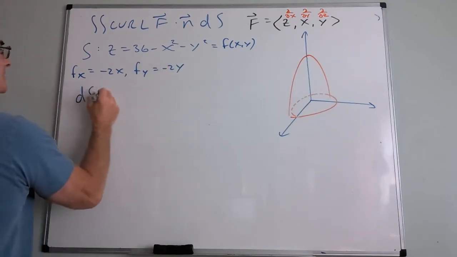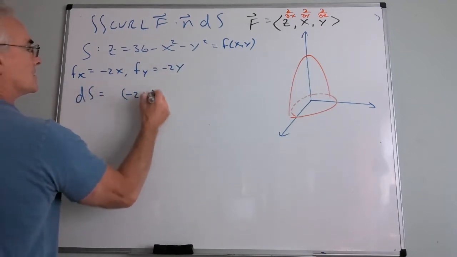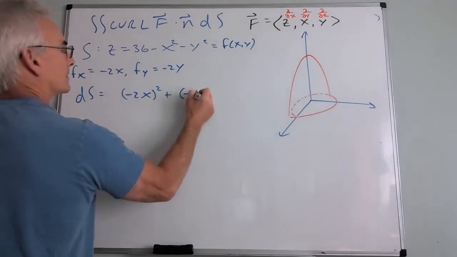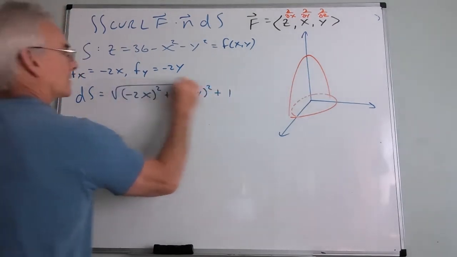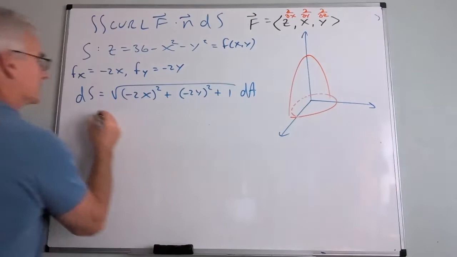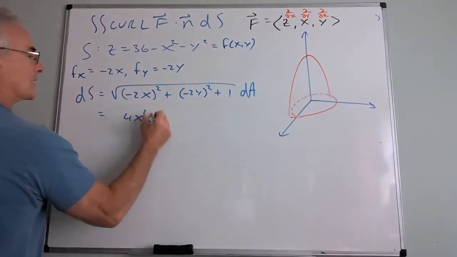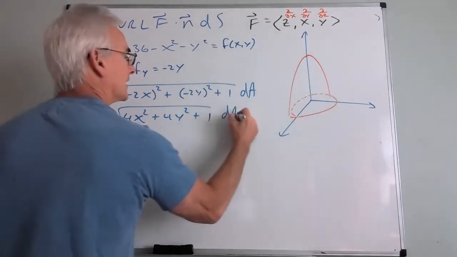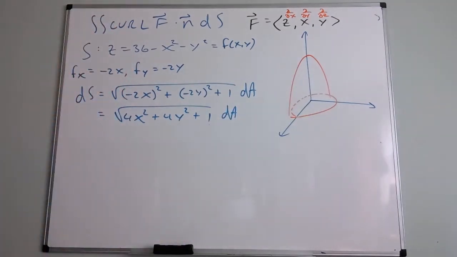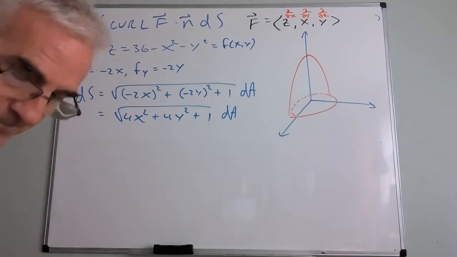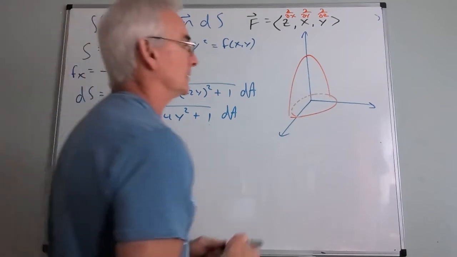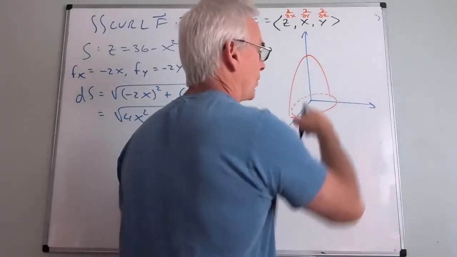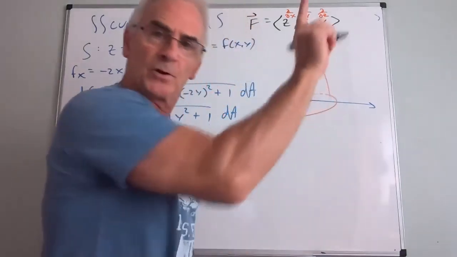So my dS is square root of 4x squared plus 4y squared plus 1 dA. And that's clean. Now I need to do my gradient. So which way are these normals pointing? Are they pointing below the xy plane or above the xy plane?